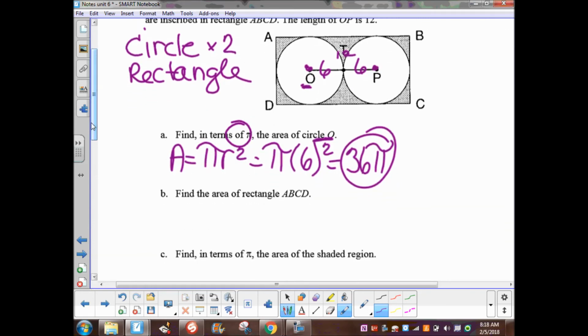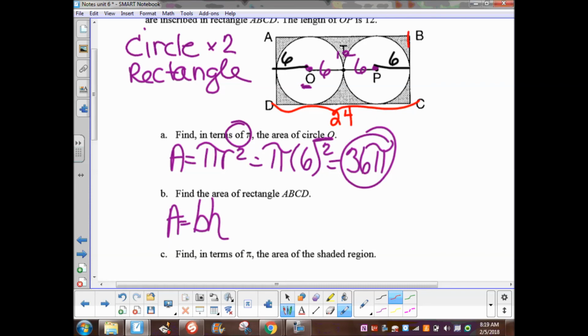Find the area of the rectangle. Base times height. Now, do I know the base or the height of this rectangle? No. But I do know that the radius of each circle is 6, so the diameter is 12. So the base is what? I heard somebody say it. 24. This base is 6 plus 6 plus 6 plus 6, which is 24.